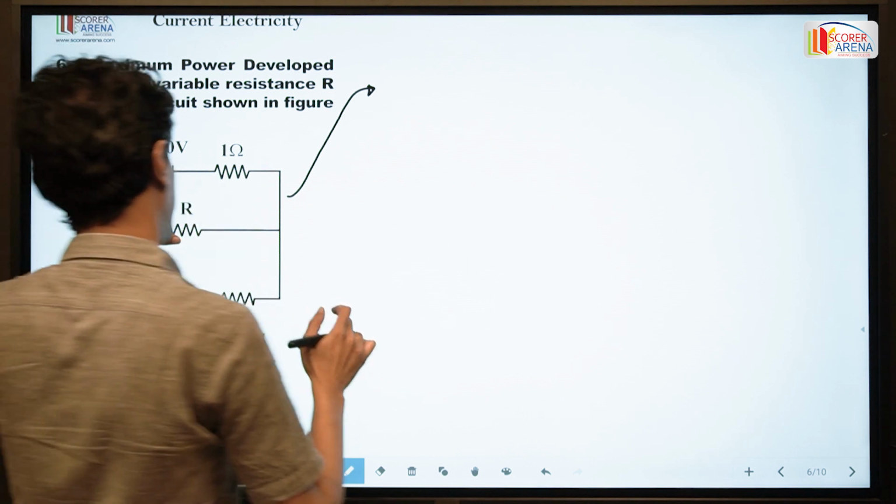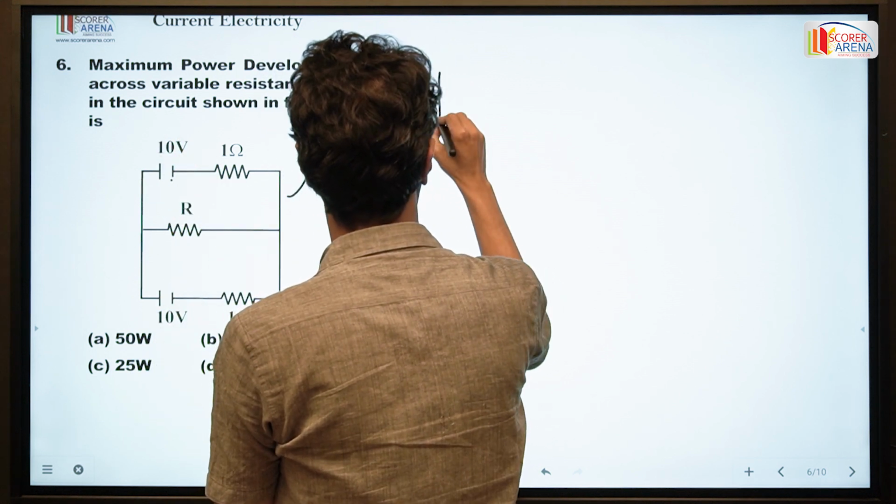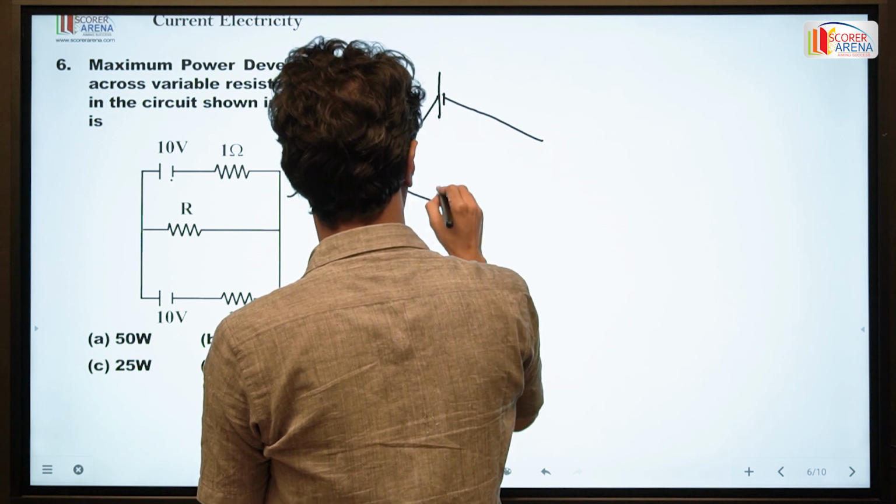So therefore the circuit can be redrawn here.